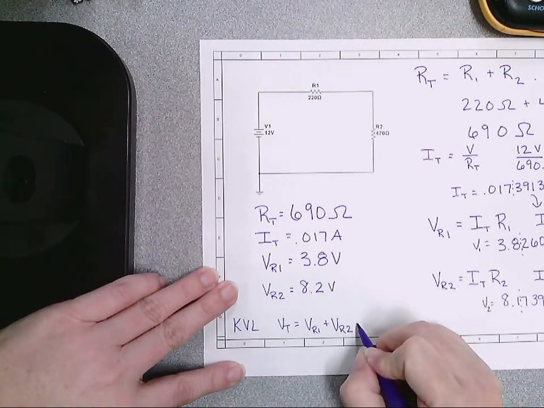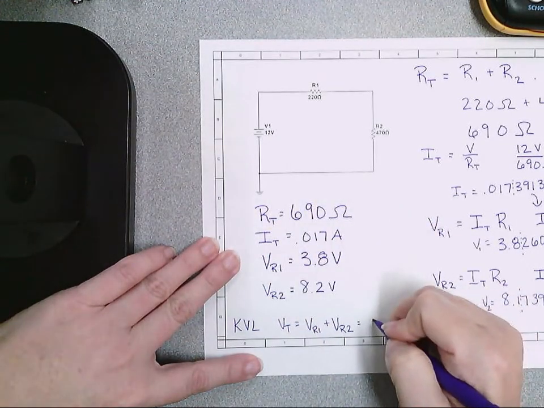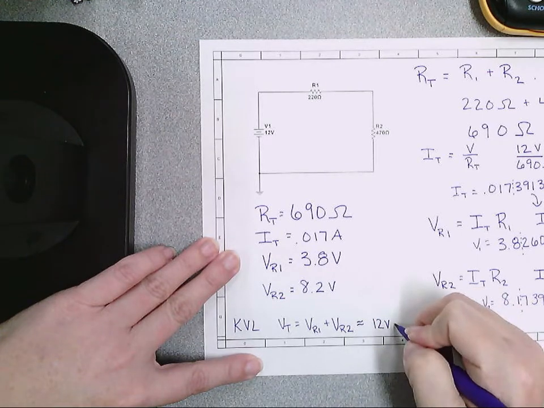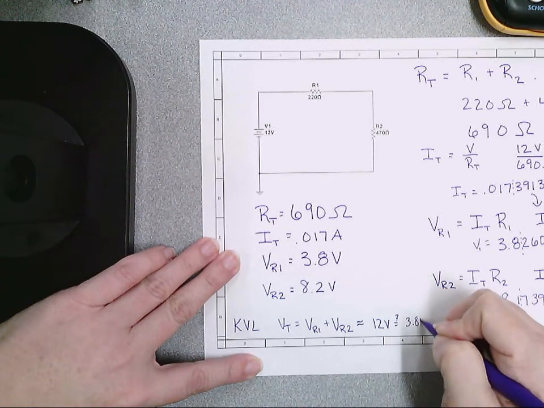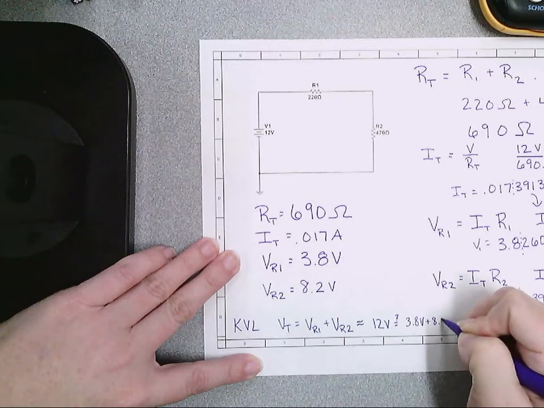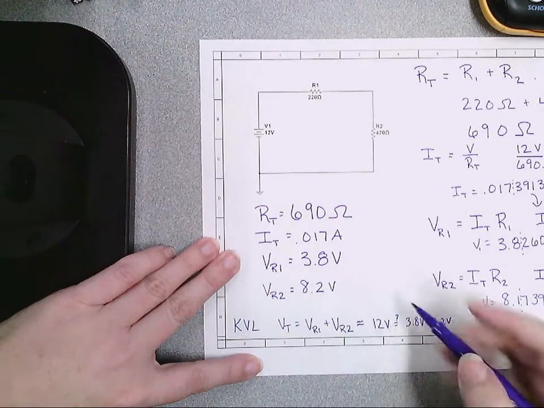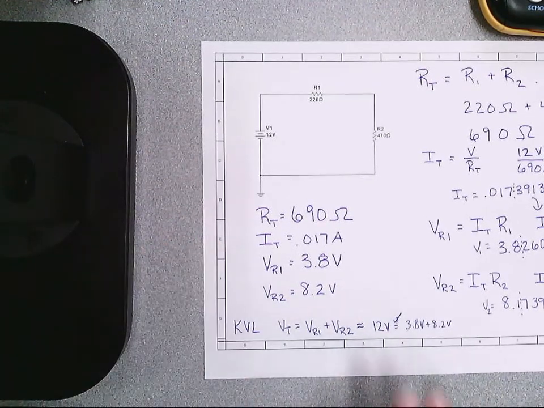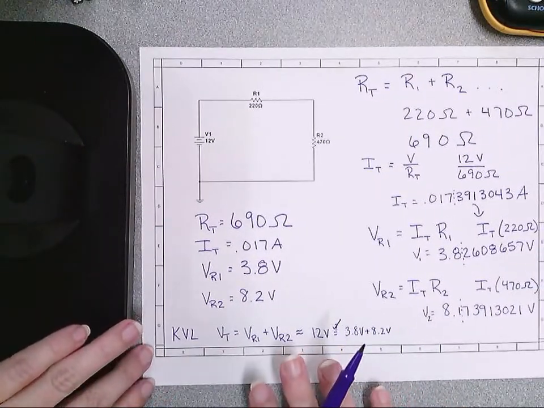So our total voltage was 12 volts, and we are wondering, does 3.8 volts plus 8.2 volts equal that? Why, yes, it does. So that checks out. So that is how we do the circuit analysis for a basic series circuit.